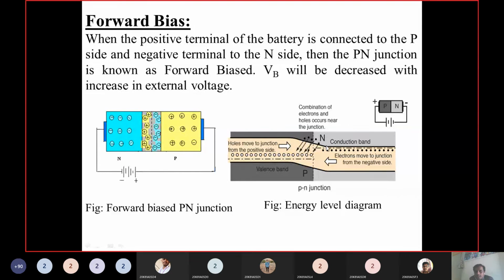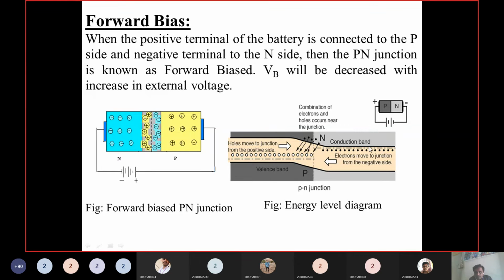The difference between these two is reduced. The Fermi level is closer to the conduction band in the n-type region, and in the p-type region the Fermi level is closer to the valence band.